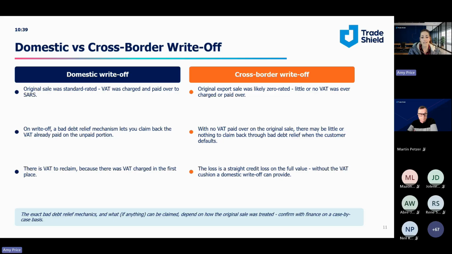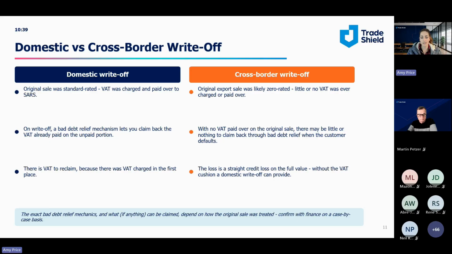When the customer does not pay you and you eventually write them off, there is a bad debt relief mechanism that allows you to claim back the VAT you already paid on the unpaid portion. So if they partially paid invoices or didn't pay the invoice and you write it off, you can say to the tax man, I charged the customer for the VAT, I paid you for the VAT, but actually they never paid, and therefore I can claim this portion back from you.